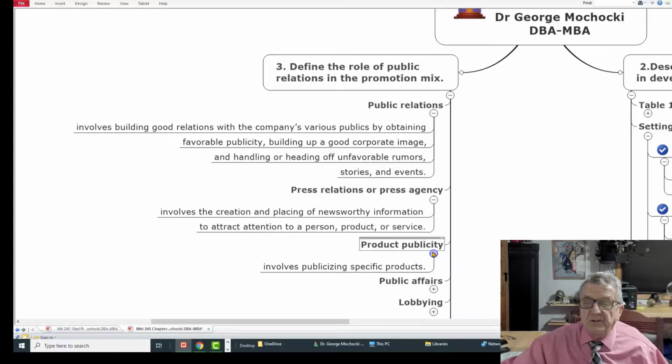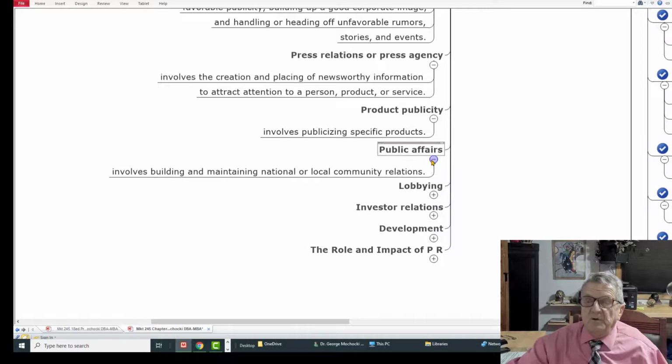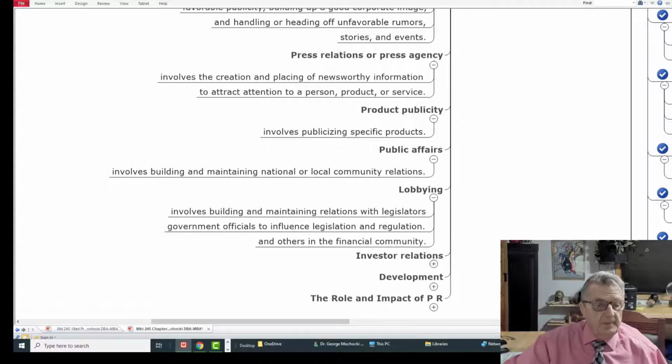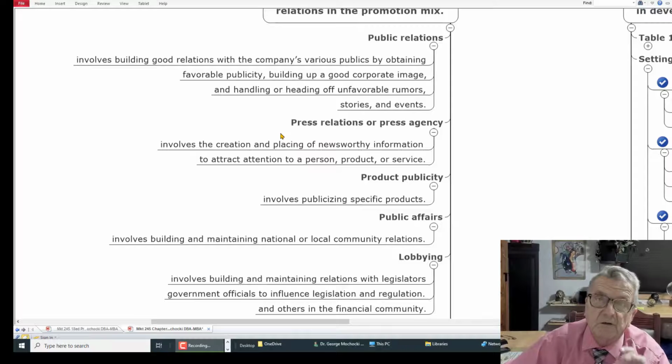You know, publicity, I'm looking at publicizing, and I'm looking at different relations, I'm looking at lobbying. Okay. We have to look at the press releases, the press agencies, which involve a credible place and use information that will attract the attention of the people or product or service we're trying to target.